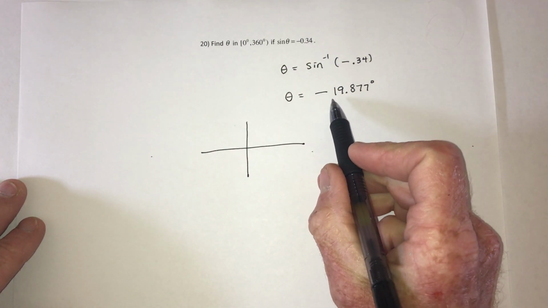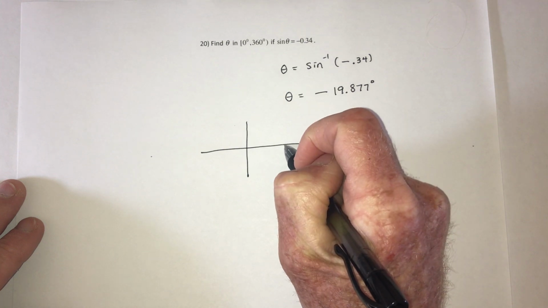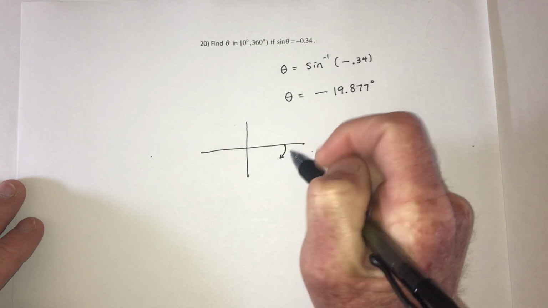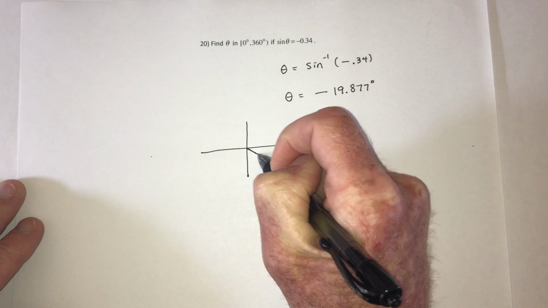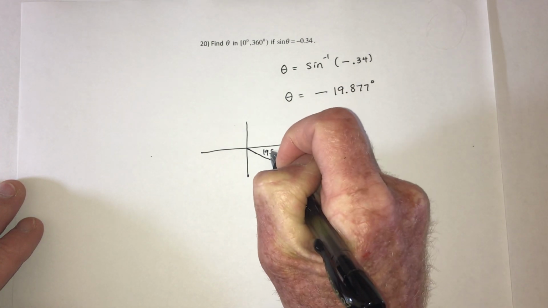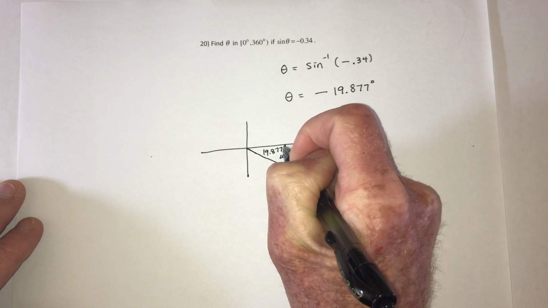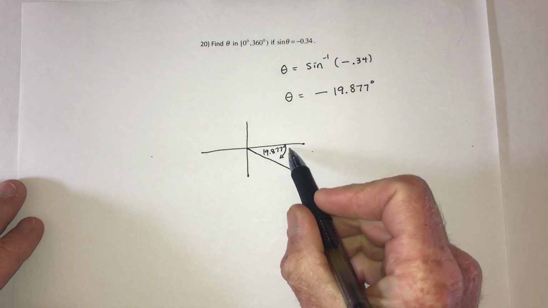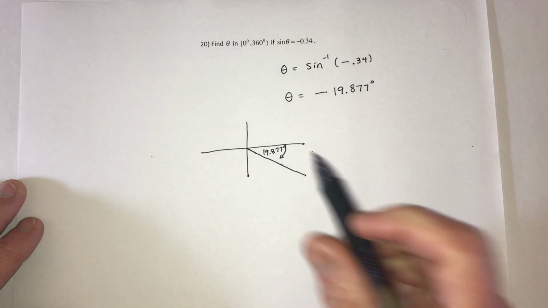So with this being a negative angle, it means start at the x-axis and then go this direction, where this is 19.877 degrees. And because it went down, that's negative.